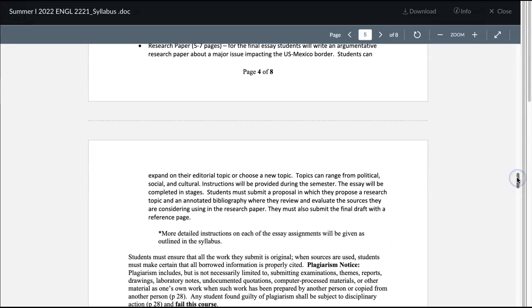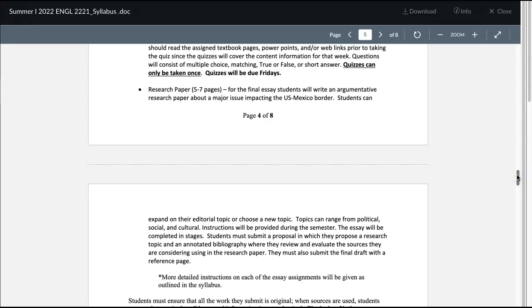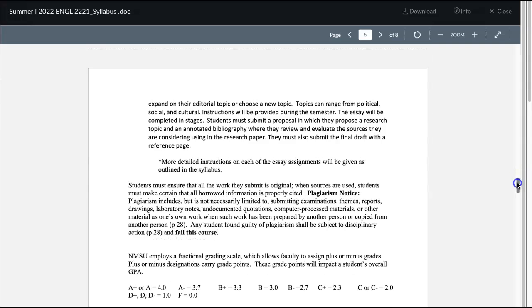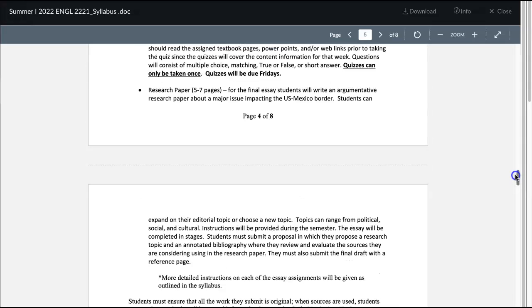And of course, we have the research paper, which is 5 to 7 pages, and it should be written over a border issue that interests you. And when I say border issue, I'm referring to the US-Mexico border. Just to give you some idea, this past semester I had some students write about immigration. I had some students write about the women of Juarez, the women who've been killed and abused.